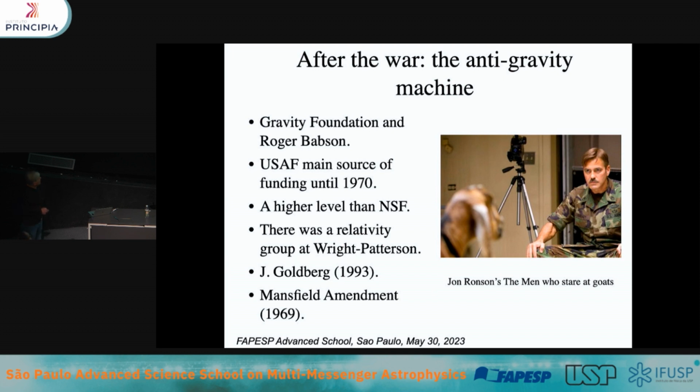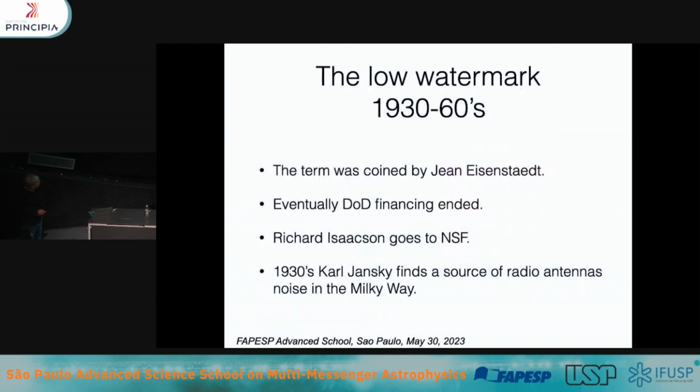Eventually, the Mansfield Amendment in 1969 stopped the funding because this amendment was essentially tying funds to things that were immediately practical to the armed forces, which wasn't the case, obviously, with gravity. And so all this period between the 1930s and 1960s, the historian of general relativity Jean Eisenstaedt called the low watermark.